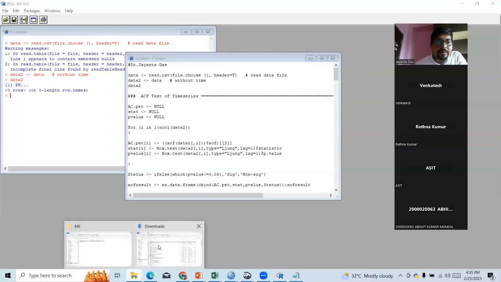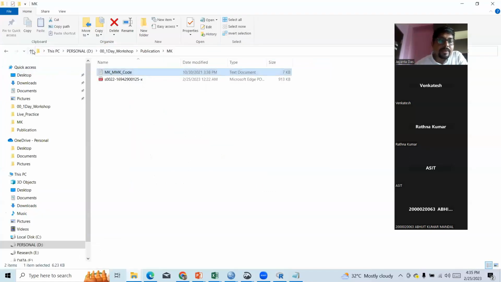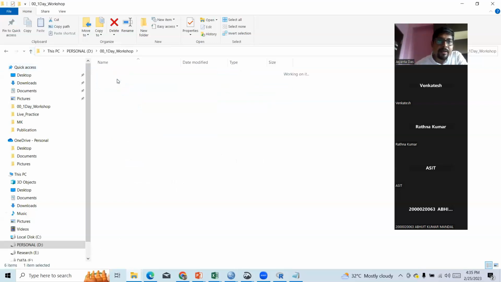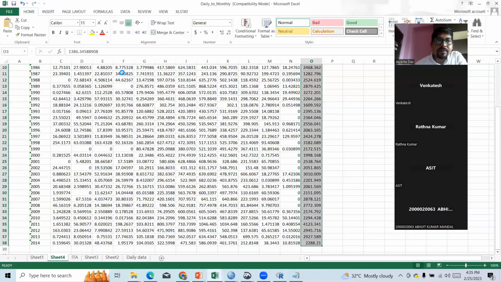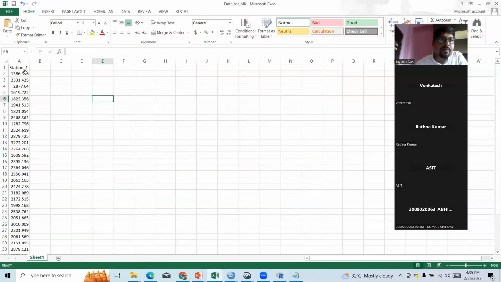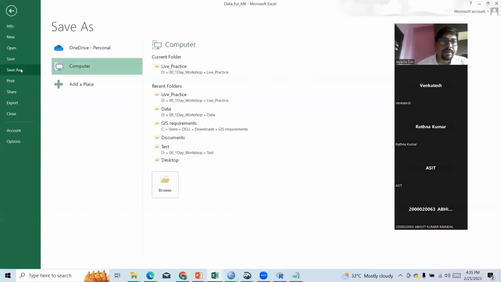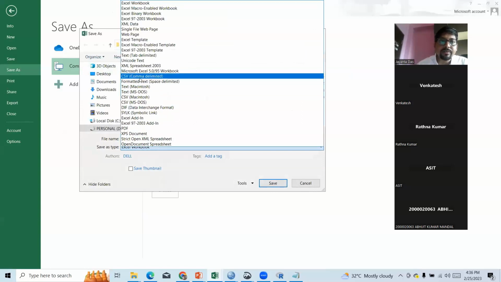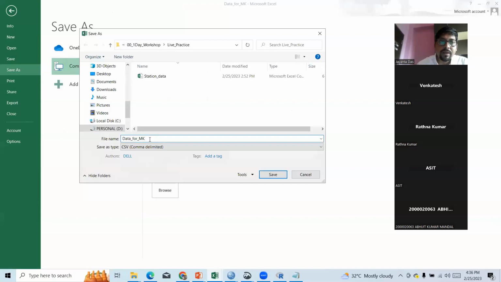Let's check it. Better to save it in CSV file, CSV comma delimited, as data for MK CSV.